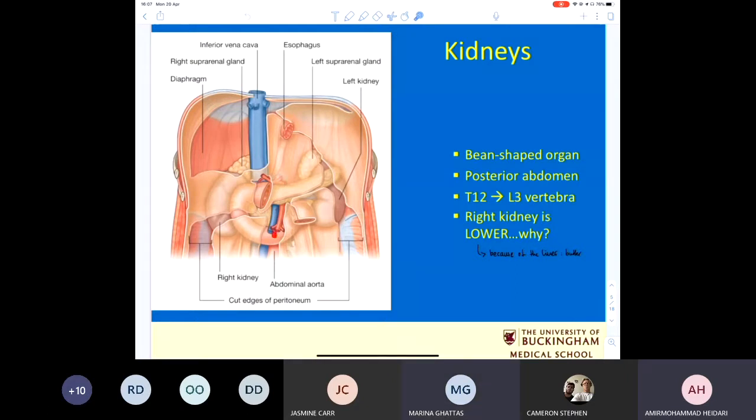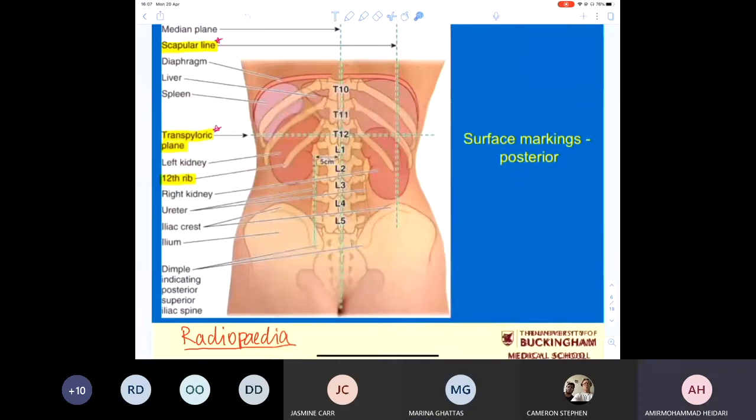And this is the superior mesenteric artery, a branch of the aorta, and the superior mesenteric vein. You can see the pancreas here, and obviously the adrenal or suprarenal glands, they're the same thing, are also there. So again, these are the posterior markings of the kidneys.